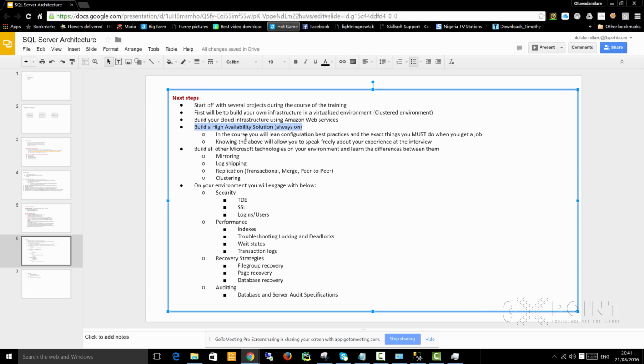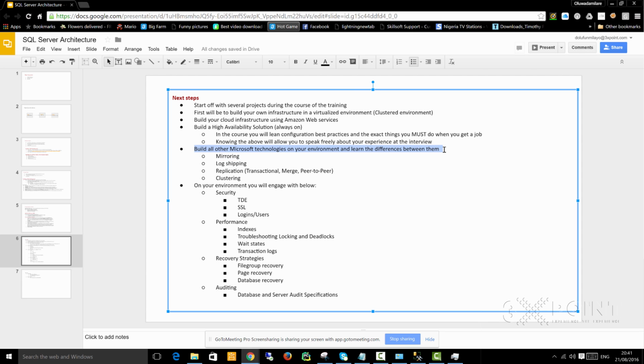In the course of doing that, you learn the configuration best practices and the exact things you must do when you get a job. You will also know all the above, which will allow you to speak freely about your experience at the interview.